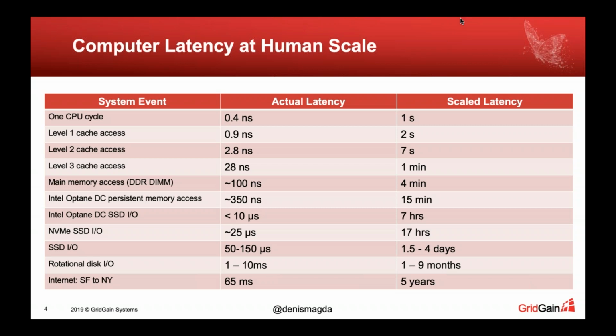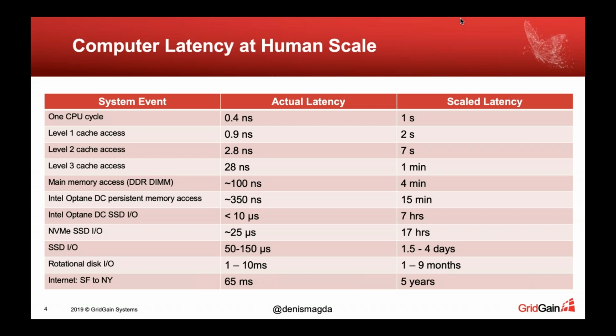For instance, let's assume 4 nanoseconds is how much time it takes to execute one CPU cycle. If that unit is equal to 1 second at human scale, then we are getting a pretty comprehensible and easy to grasp framework.